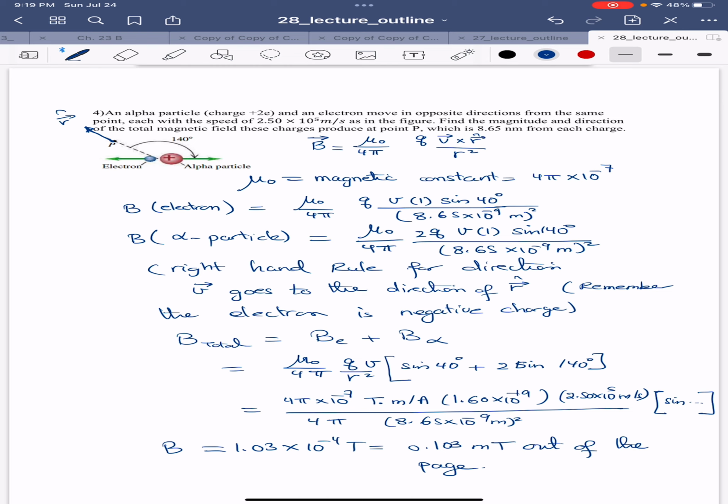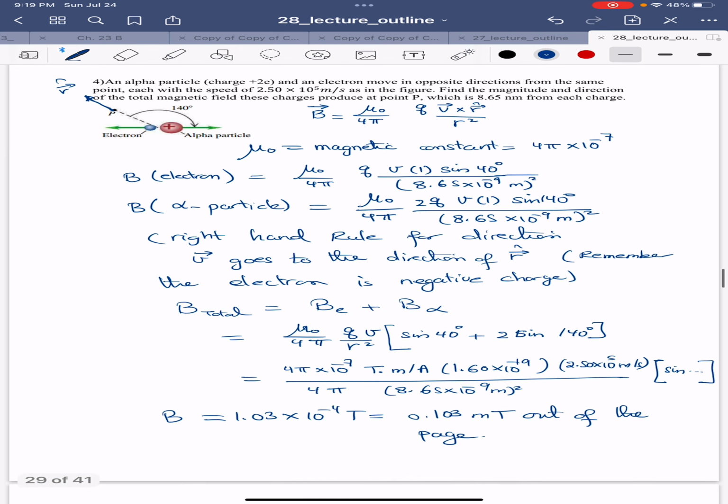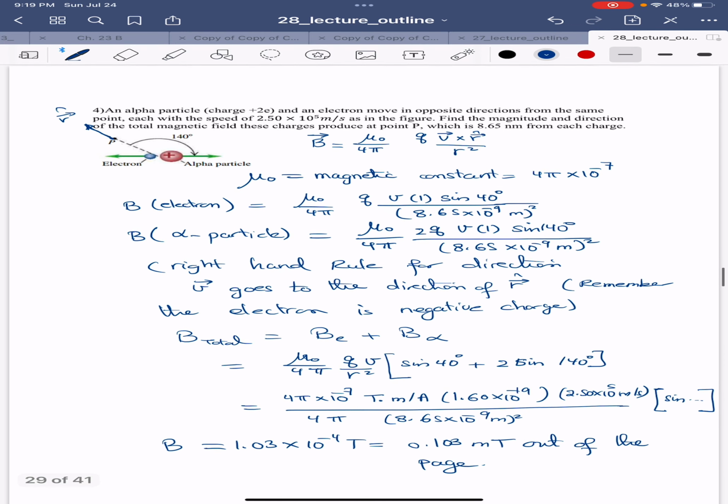An alpha particle and an electron move in opposite directions from the same point, each with the same speed, 2.50 times 10 to the 5 meters per second, as in the figure. Find the magnitude and direction of the total magnetic field produced by these two charges at point P, which is 8.65 nanometers from each charge.